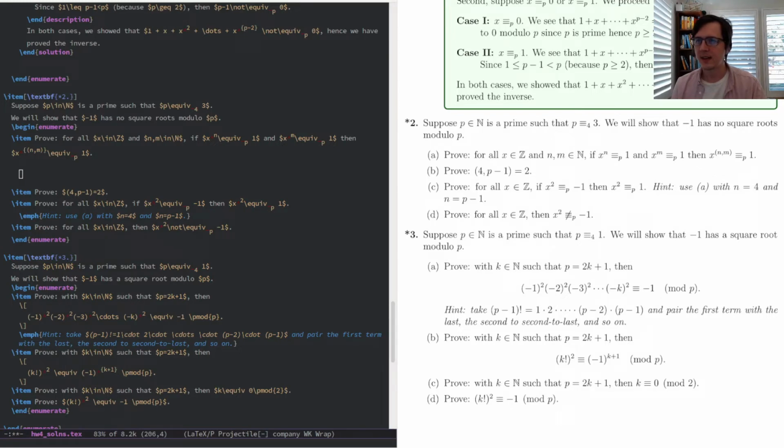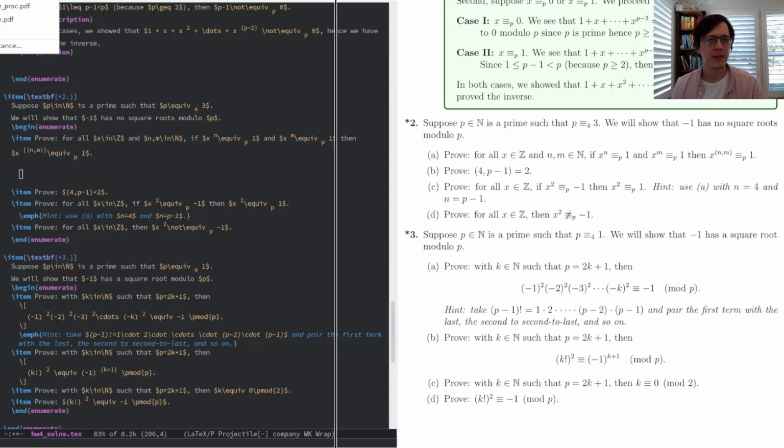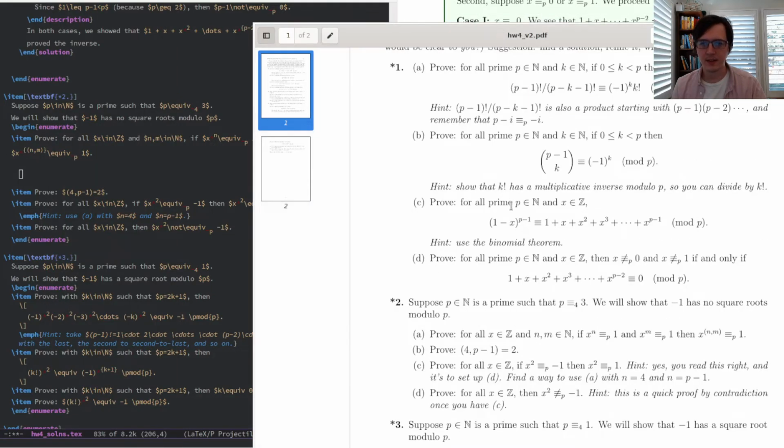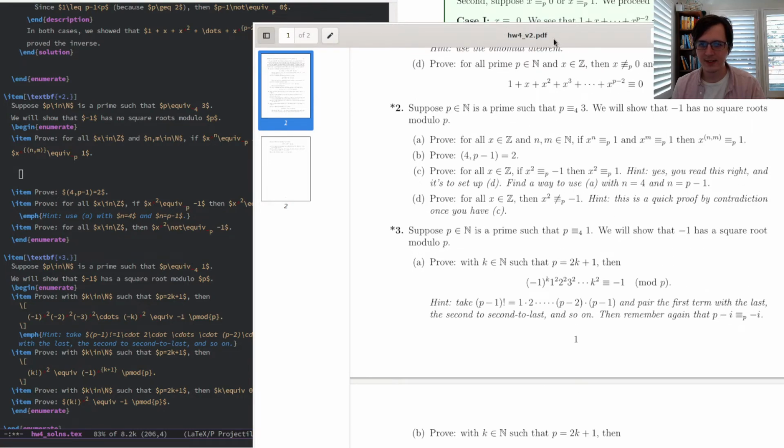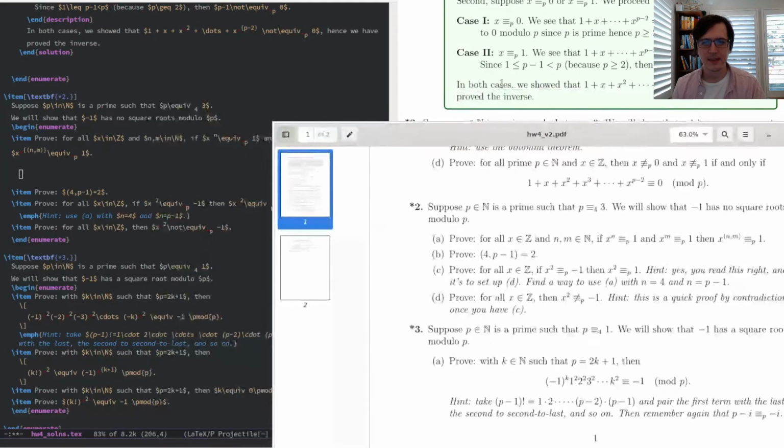Okay, let's compare this to the other version of the homework, the actual version. Okay, and this problem just got some more hints.